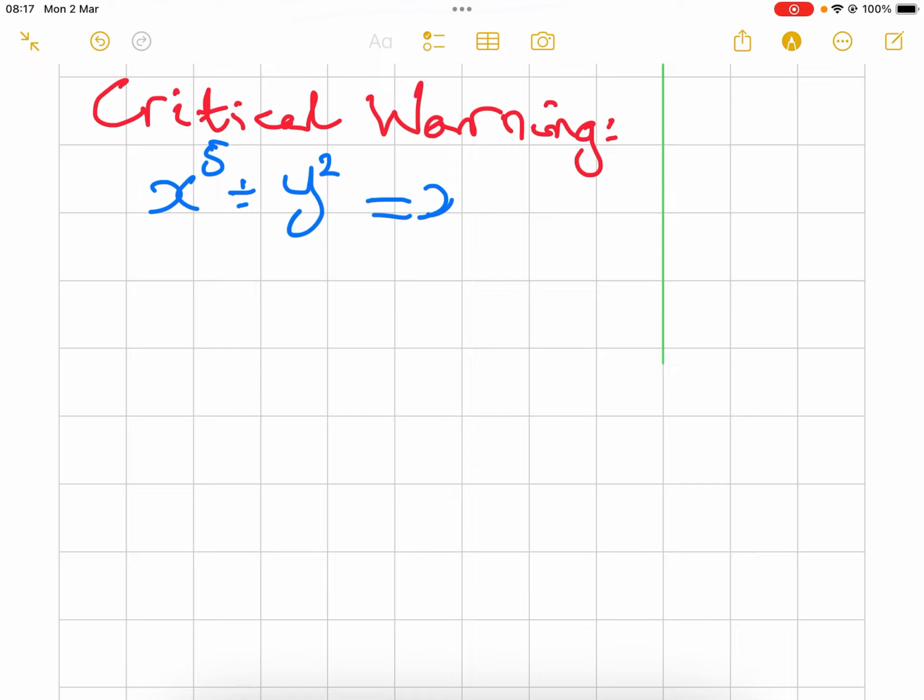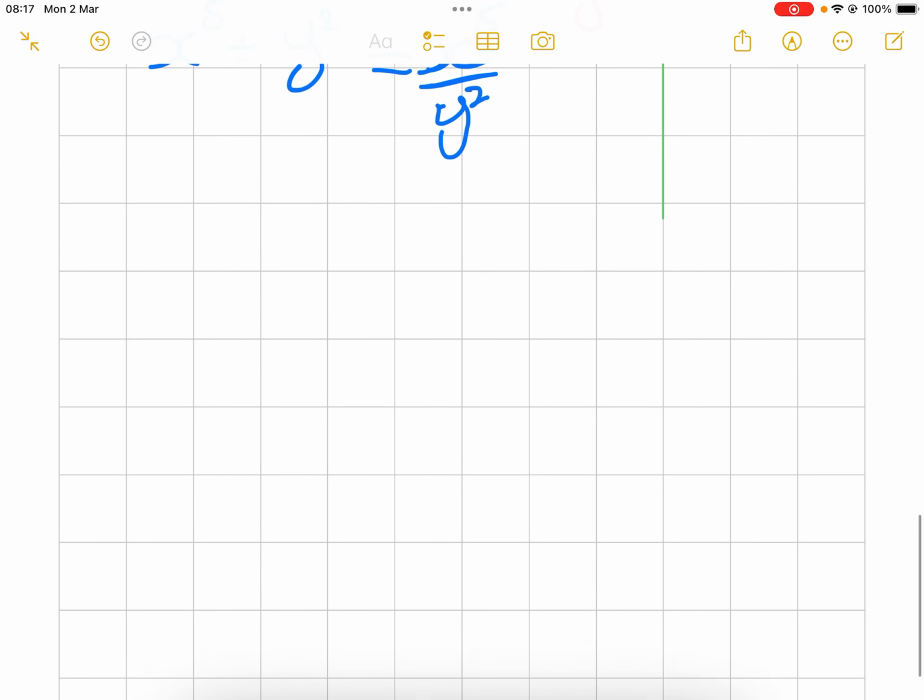No, because the bases are different. So your answer will remain x raised to power 5 over y raised to power 2.